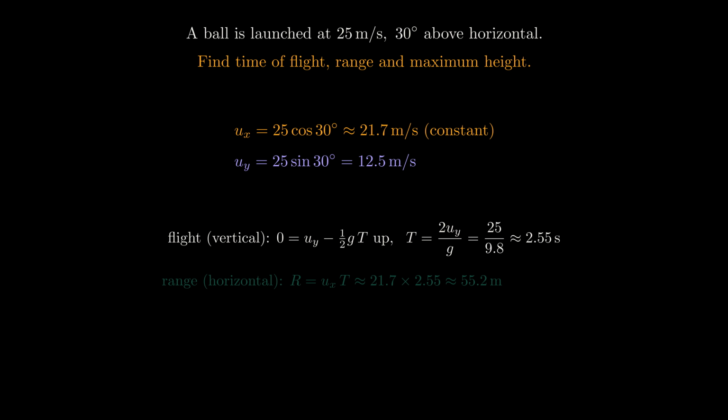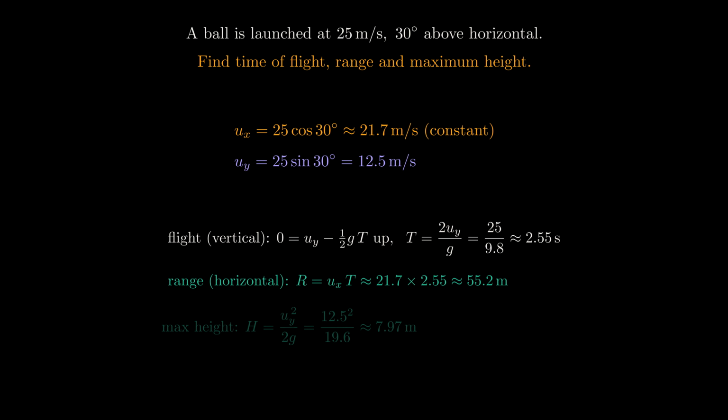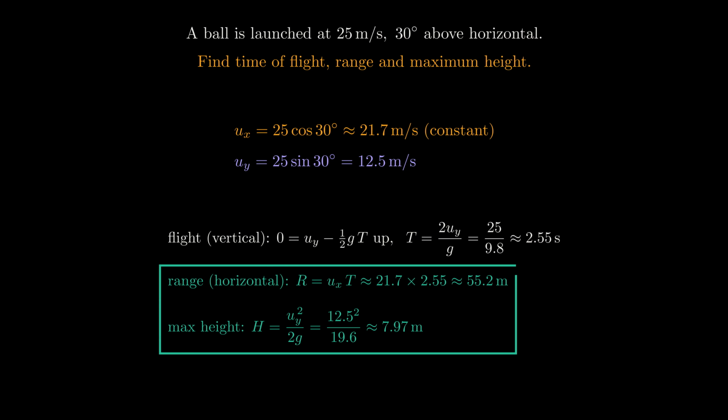The range is then pure horizontal, constant 21.7 times that time, roughly 55 meters. And the maximum height uses the vertical component only, 12.5 squared over 19.6, about 8 meters. 3 answers, all from splitting one vector in two.